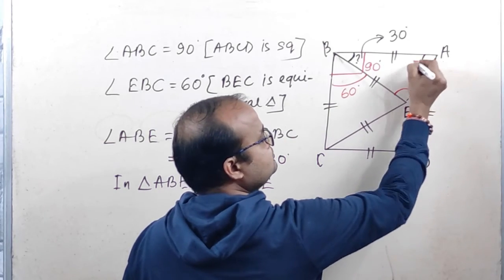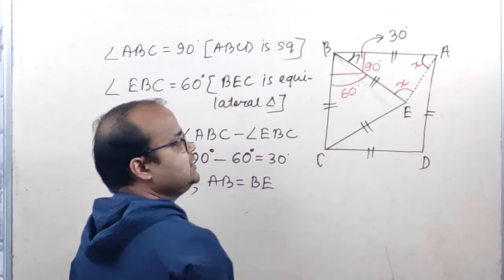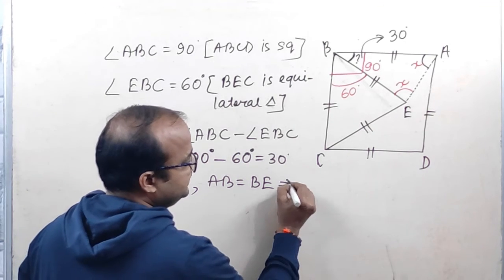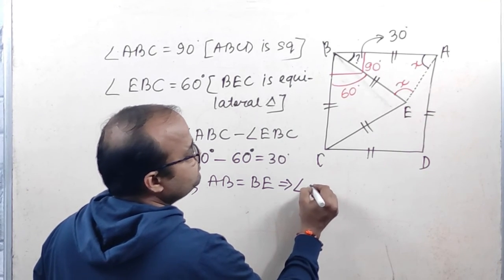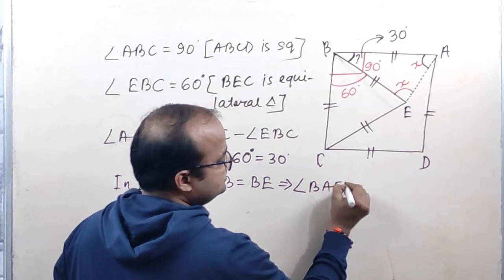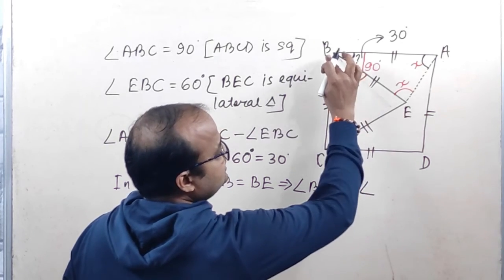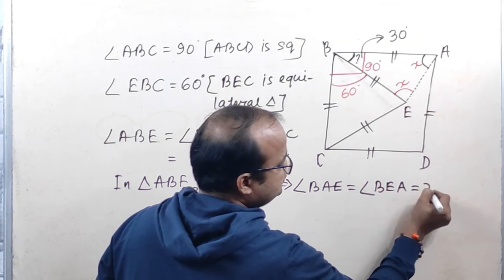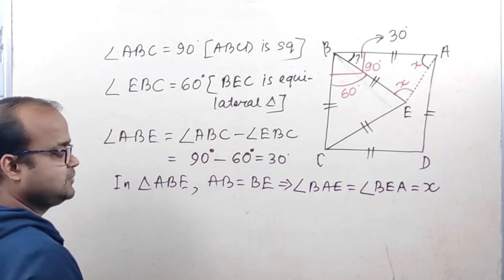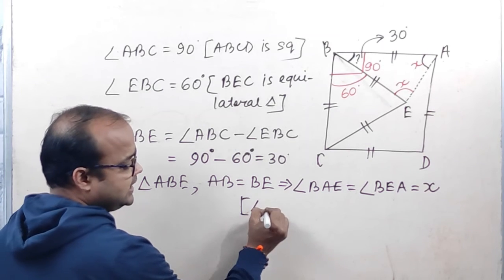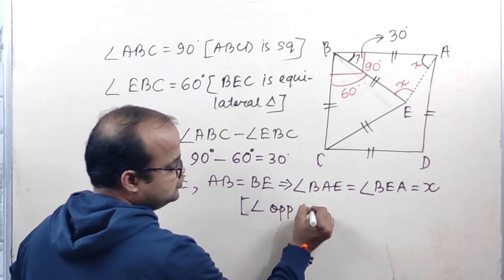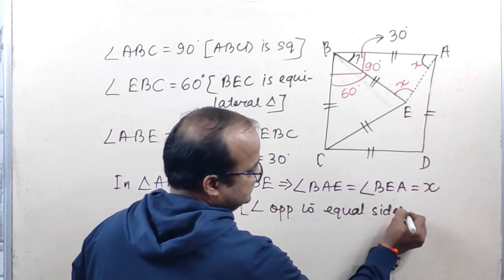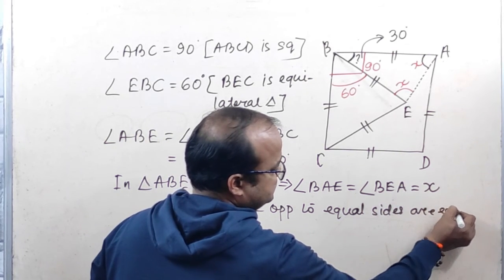So if this angle is X, this angle is also X. So it implies angle BAE equals angle BEA equals X, and the reason is angles opposite to equal sides are equal.